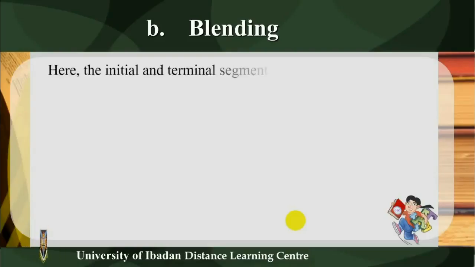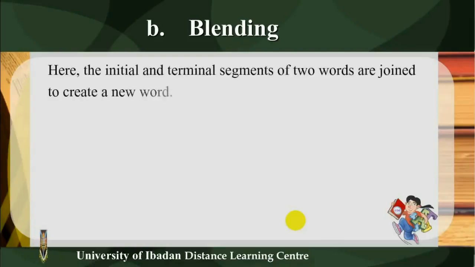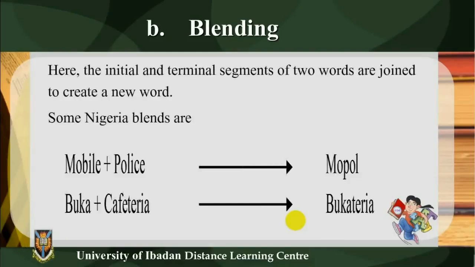Here, the initial and terminal segments of two words are joined to create a new word. Some Nigerian blends are mobile plus police, mopol, and buka plus cafeteria, bukateria.